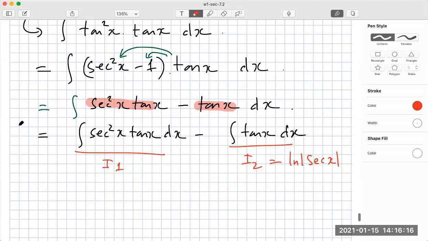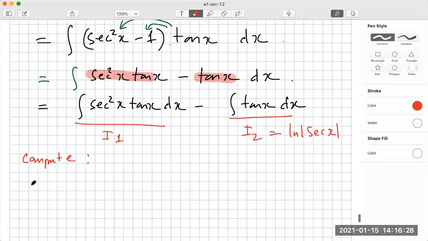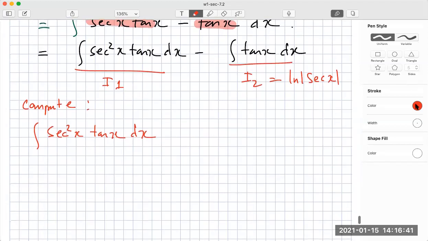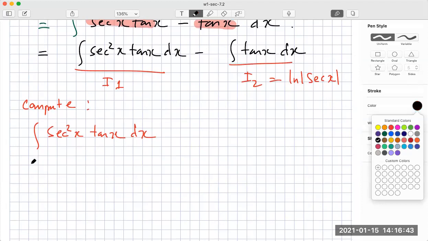And how about this guy? Again, please. Okay, let us define u to be the tan x.